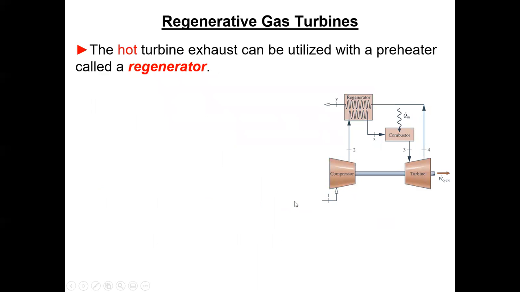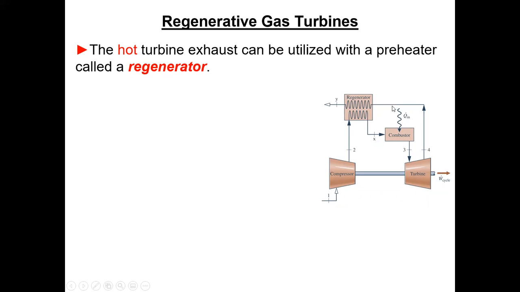Okay, so what we do is we just put in a heat exchanger. We've got our same compressor, just pulling air from outside and compressing it to the high pressure. But then instead of going directly into the combustor, we look around and say, man, we're throwing away a lot of heat over here at 4. Why don't we try to recover that? So we put that into this heat exchanger we call a regenerator.